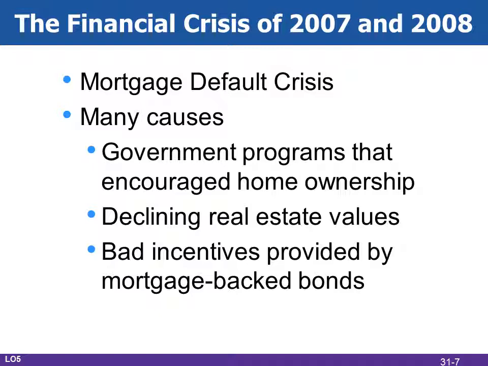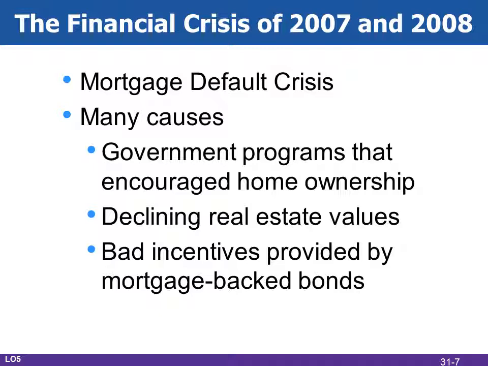Then the federal government started to develop programs such as FHA loans, which did two things. Number one, it forced banks, by law actually, to lower lending standards, in other words, to create subprime mortgages.